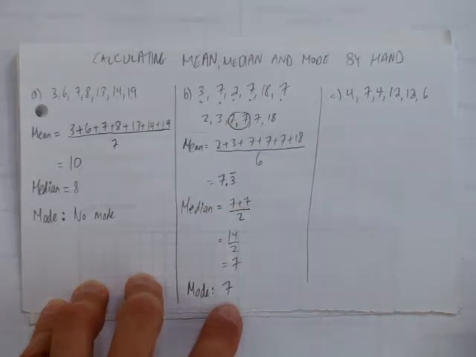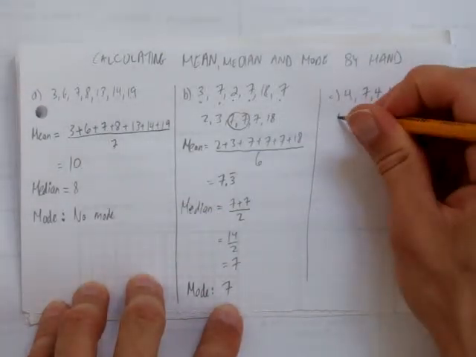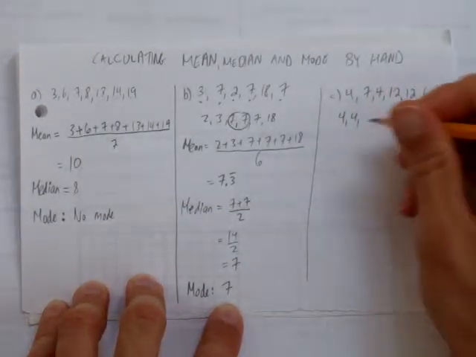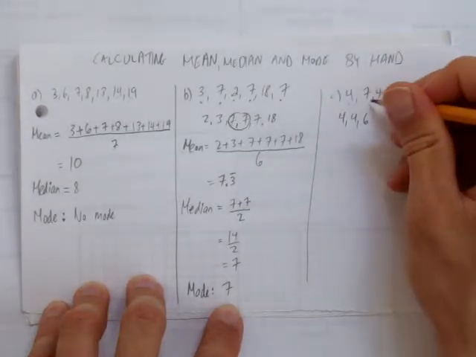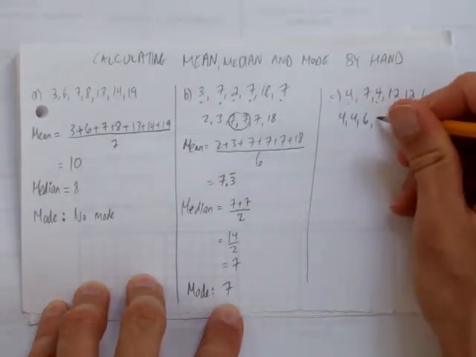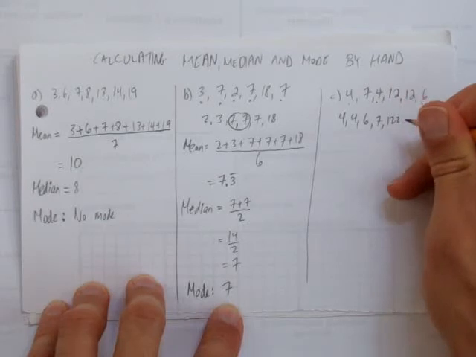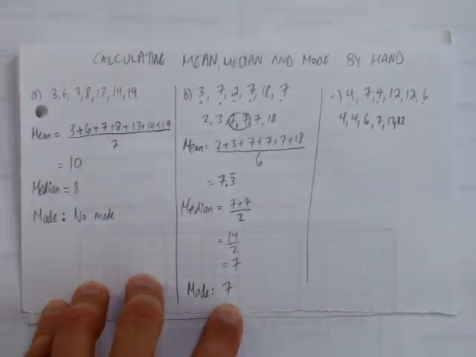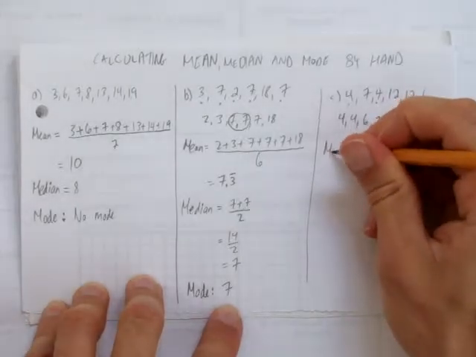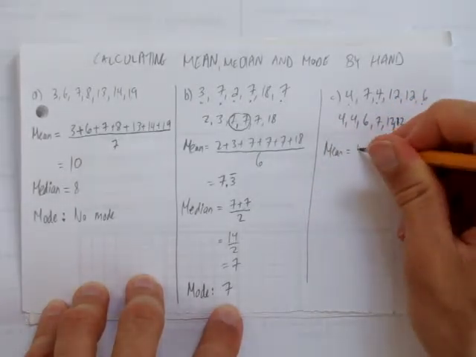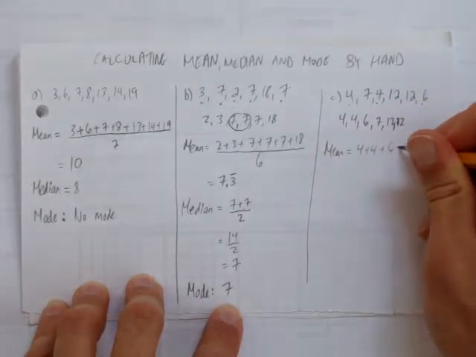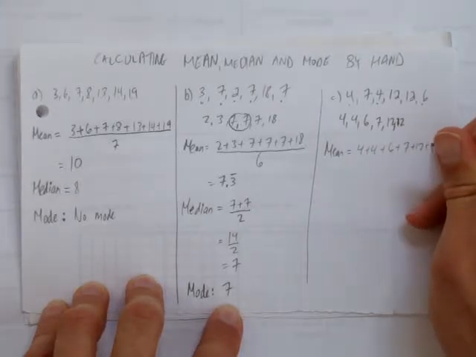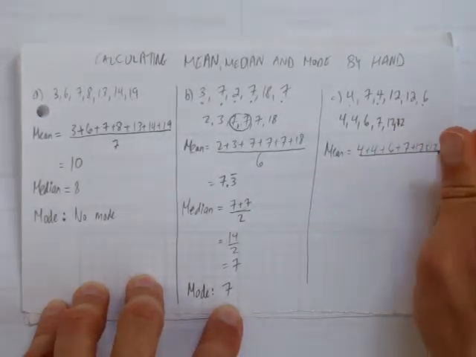For our last example, let's get those numbers in order first. 4 and a 4. Next is a 6. Oh, I better knock them off. 4 and a 6. Then a 7 and 2 12s. Oh, I didn't write that down quite right. 12 and a 12. Okay. Let's start by calculating the mean. The mean is just 4 plus 4 plus 6 plus 7 plus 12 plus 12 all over, how many things are there?